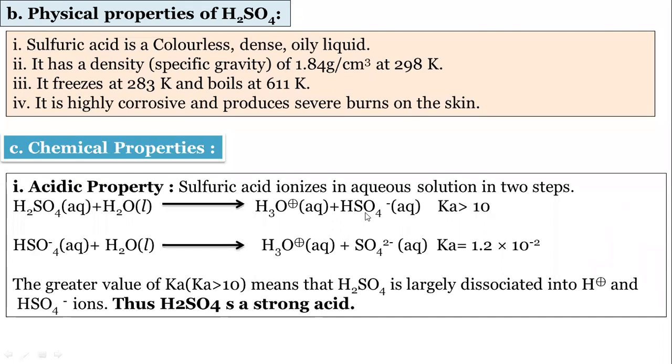Again this HSO4 minus plus H2O gives H3O plus and SO4 2 minus ions. As the value of Ka is very high, it is called acidic in nature. So this is for understanding purpose why H2SO4 is acidic, because it gives H plus ion in aqueous solution, remember.